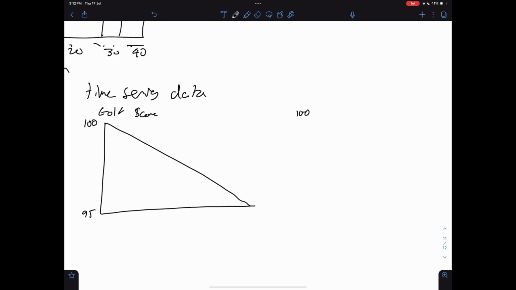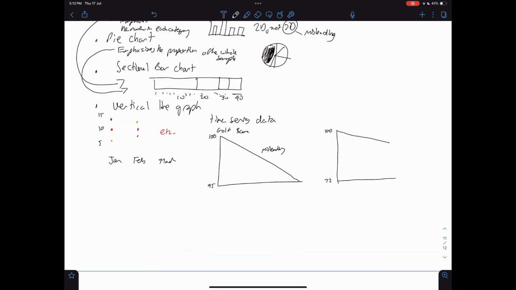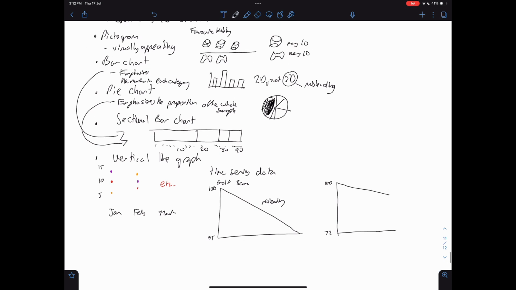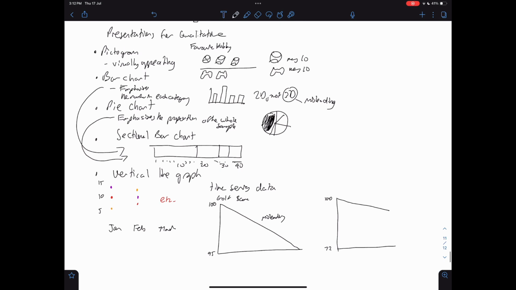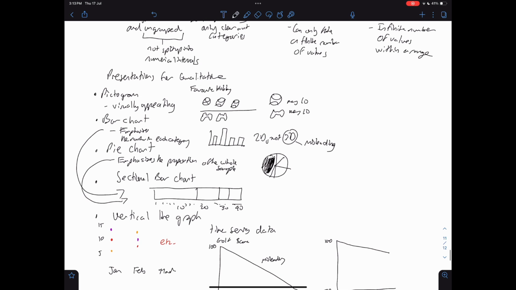But imagine that, compared to 72, which is roughly par, it would actually look like a much smaller change. So this is misleading. So those are the different advantages of those qualitative presentations.